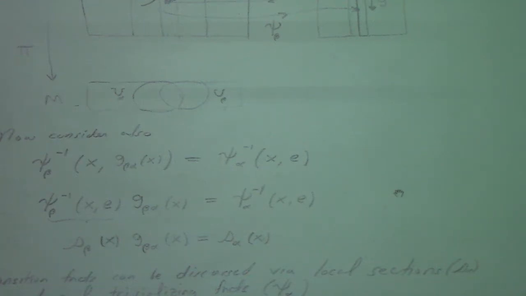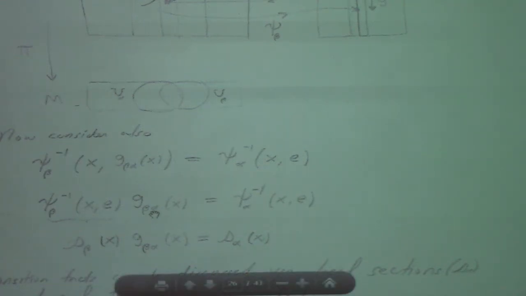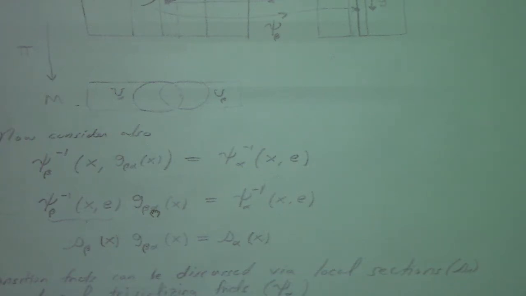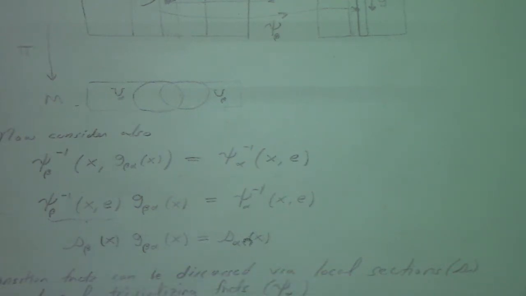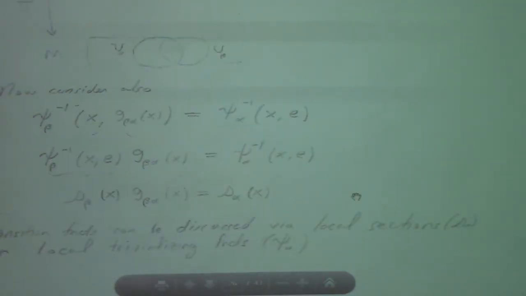Because remember, G beta alpha of x is a group element, and we have those properties for the trivializing map that we can pull the group multiplication out to the right. I think that's what's happening there, going from here to here. But then, what is this? Well, this is S beta of x. That's the local section. And that's the G beta alpha of x, and there's the local section. So again, we're using the construction of local section from the local trivialization. That thing again. And so there you go.